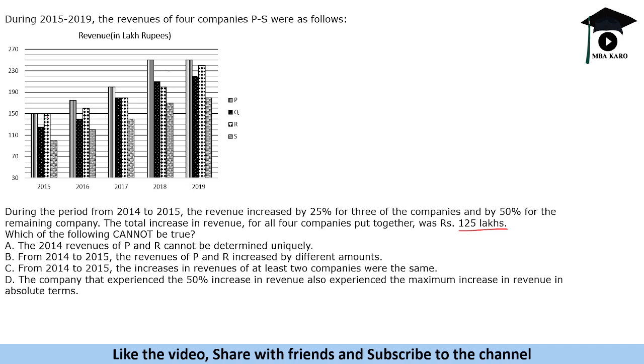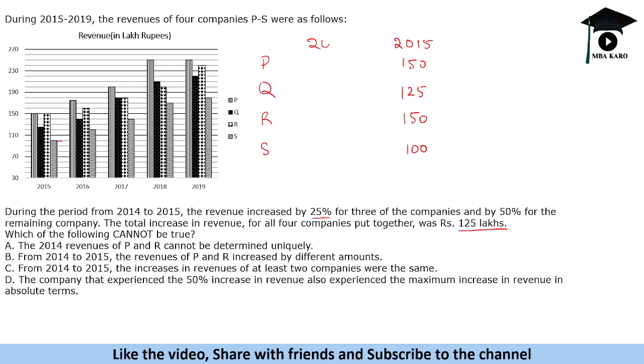Okay, now if you look at 2015, right, P, Q, R, S, so P and R it is 150, okay, and Q is 125, and then S is 100. Okay, now if we see, three of them increase by 25%, one of them will increase by 50%, right?